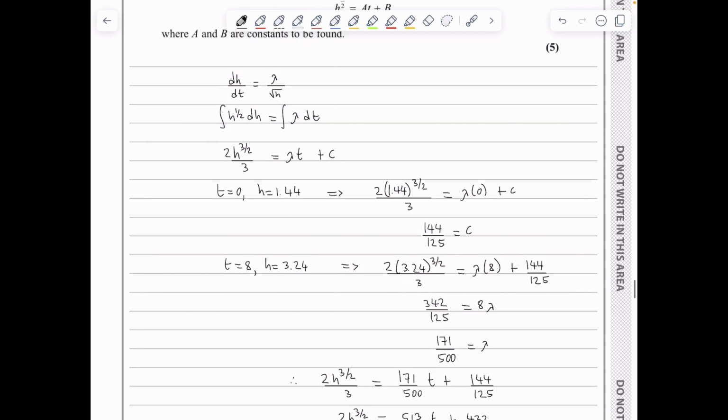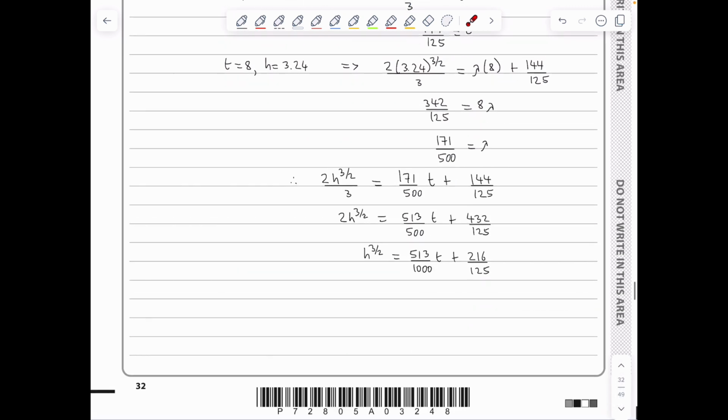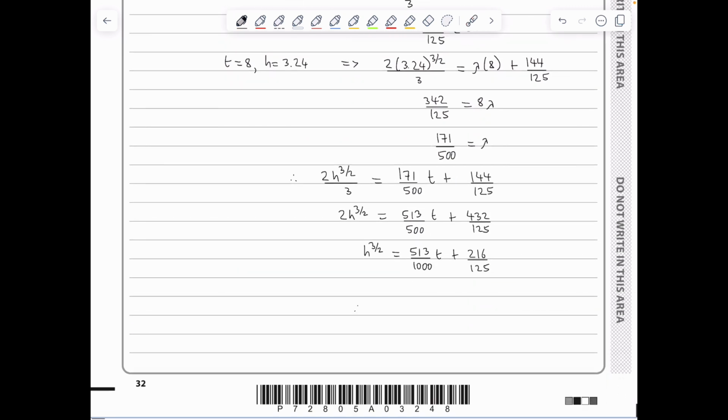If I compare with the form I needed to arrive at, we can easily conclude that the constant a turns out to be 513 over 1000, whereas the constant b is 216 over 125.